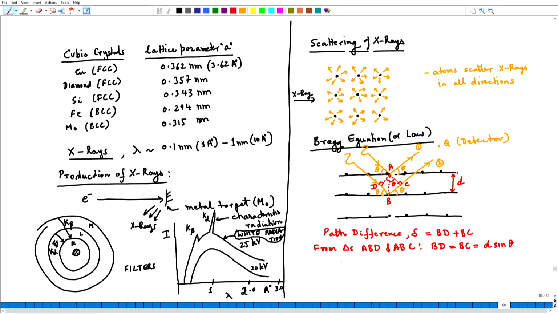So, therefore, the path difference simply is 2d sin theta.